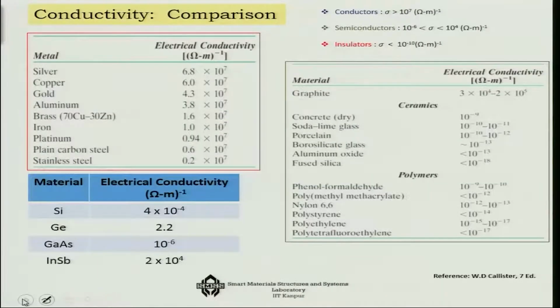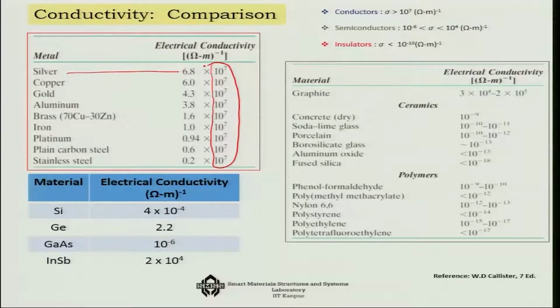Suppose I look into the conductivity of the metals. One of the highest conductivities is silver, which is 6.8 into 10 to the power 7. Interestingly, almost all the metals that we generally use have conductivity in the 10 to the power 7 range.